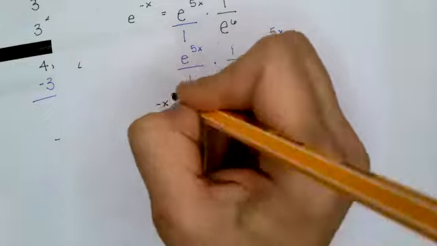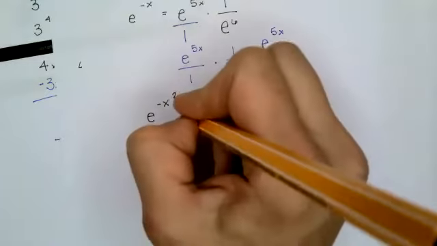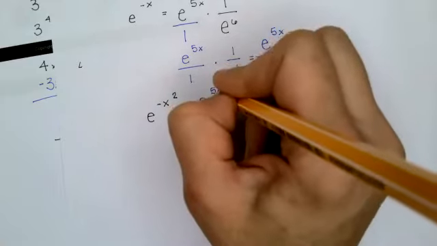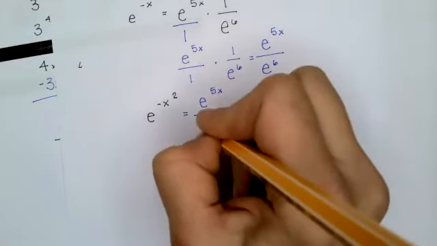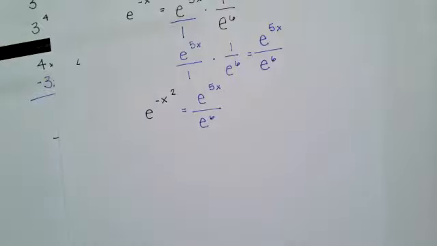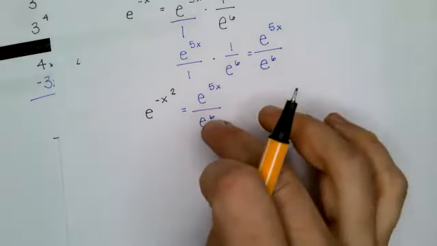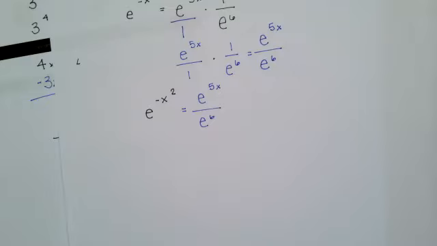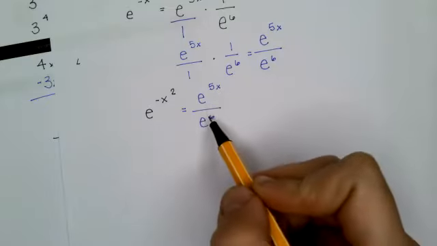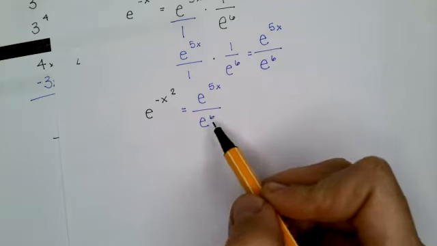E to the power of negative x squared is equal to e to the power of 5x over e to the power of 6. Good. Now, I want to divide this so that I only have one term, right? So this is e to the power of 5x divided by e to the power of 6.